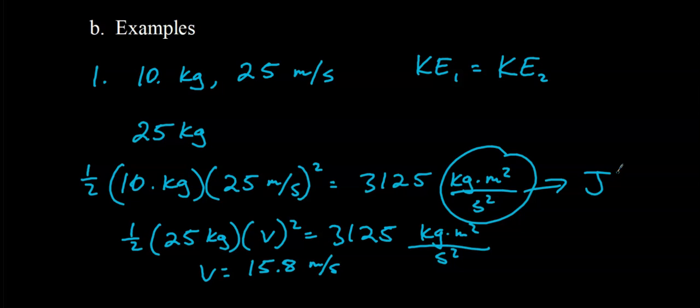And then take that same amount of kinetic energy, apply it to the 25 kilogram object. Don't forget to square root what you get so you can solve for v. And notice the velocity is lower. So the heavier object doesn't need to move as fast as the lighter object in order to have the same amount of kinetic energy. All right, let's take a look at a different example.